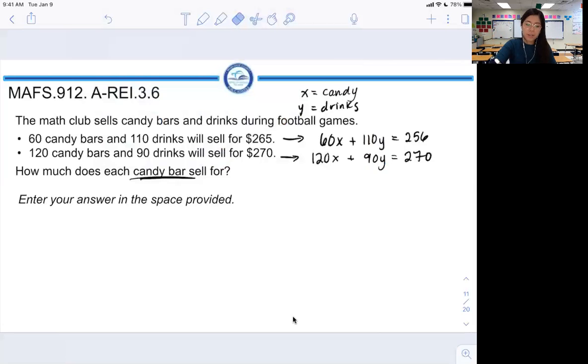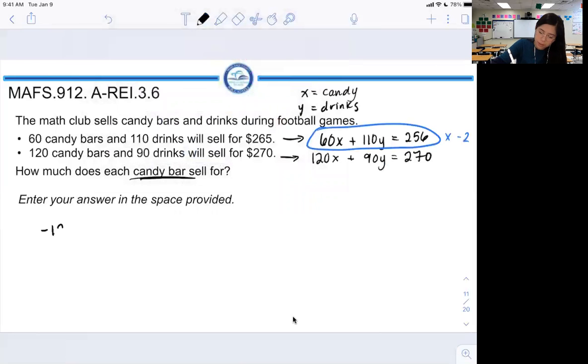But instead, I notice right away that the 60 and the 120 cancel out very easily because I could multiply 60 times -2, and then they would be able to cancel out. So I'm going to multiply the top equation times -2. And then I'm going to just rewrite this down here.